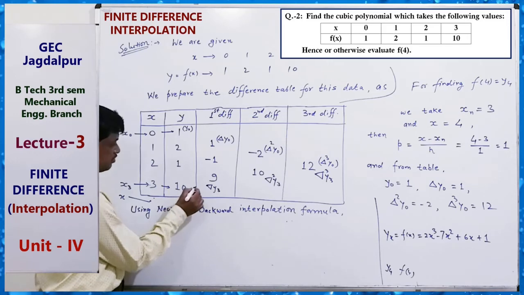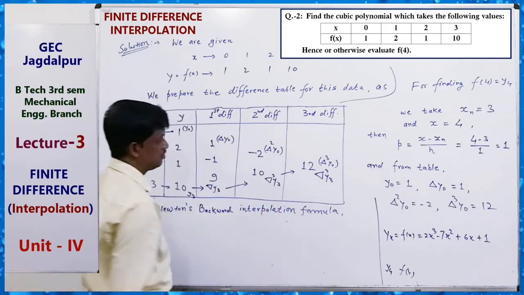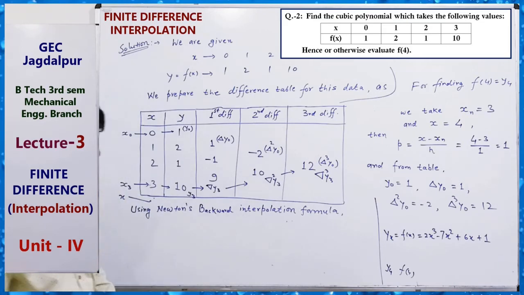So these differences are used for the backward formula because 4 lies here.